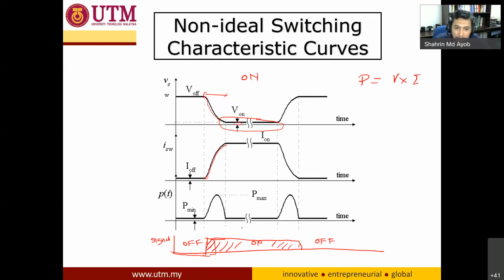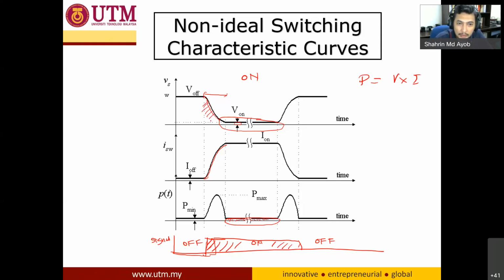So there will be some power. This is the power dissipated, the power absorbed by the device.